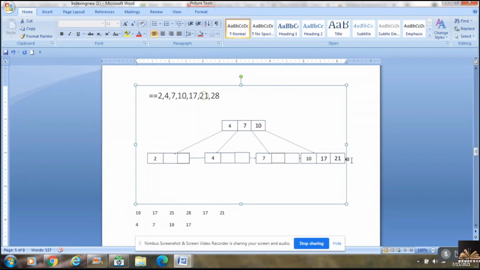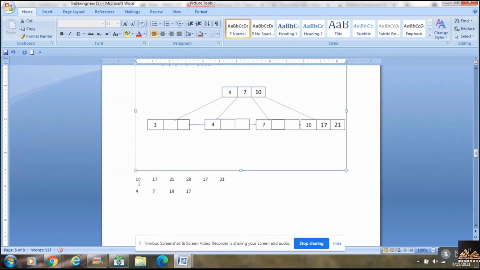Now 10, 17, 21 are the three that already exist, and I have to insert the value 28 in this position.